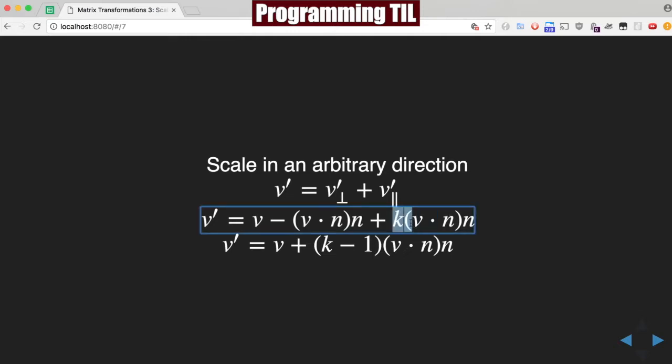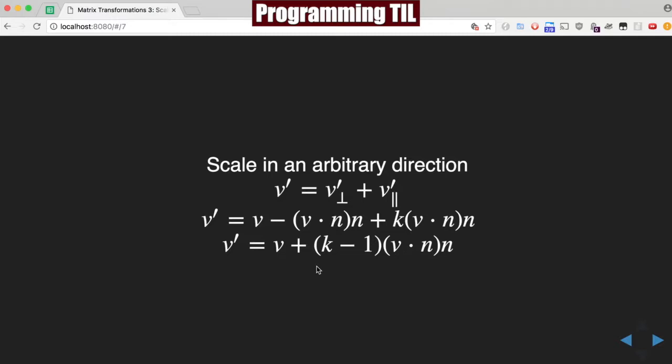Obviously this is the only one affected by k, that's why the k is over here and not on this side. And then we can factor out the n (v dot n) and the k minus 1, so we end up with this ultimate equation right here for v prime.